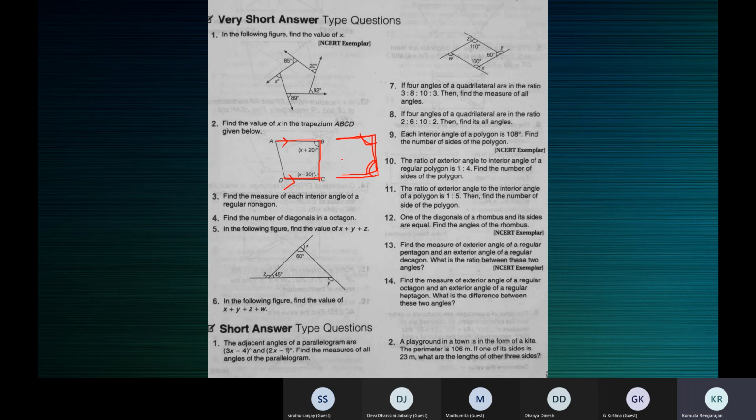Angle B and angle C are co-interior angles. So they are supplementary. The equation is x plus 20 plus x minus 30 is equal to 180 degrees. Solve and find the value of x.